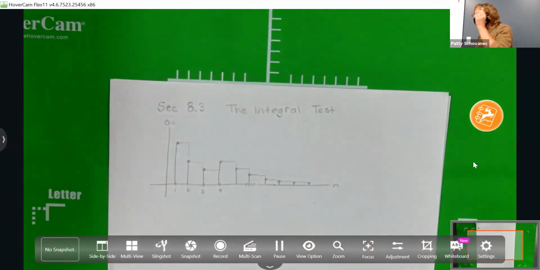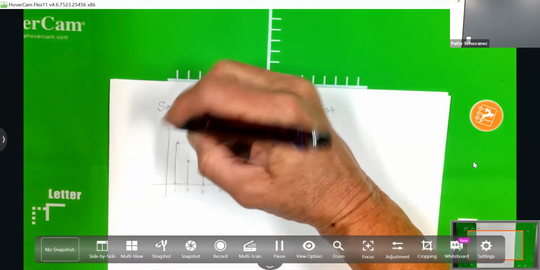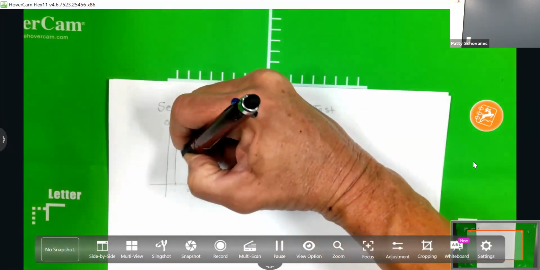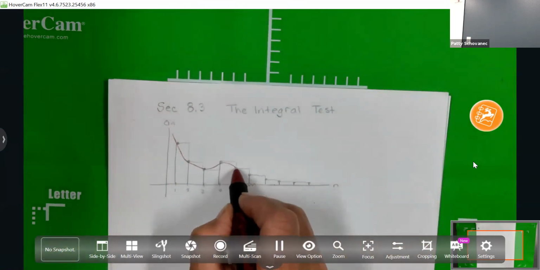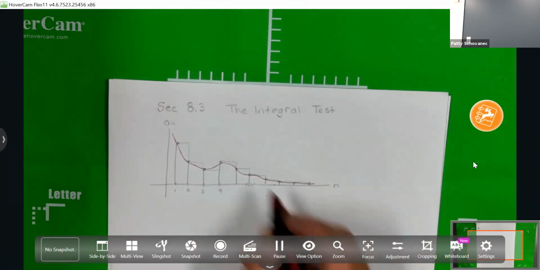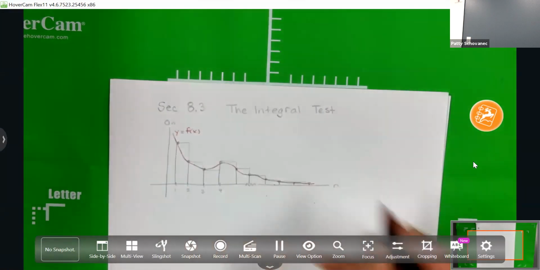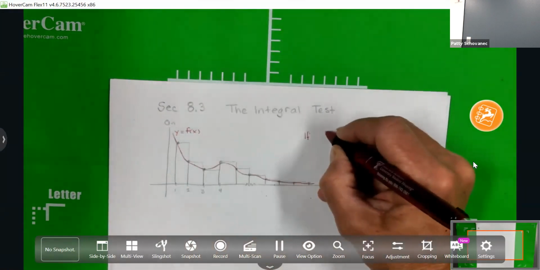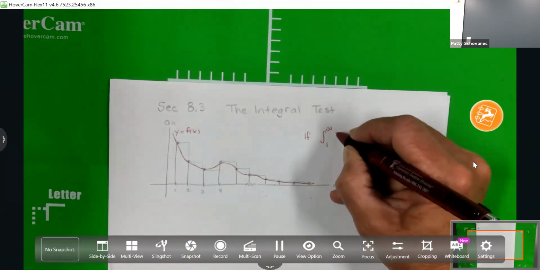And a Riemann sum generates a definite integral. If we can find a positive function that passes through these points, like that, and we integrate that function, if that particular function has a definite integral from, say, 1 to infinity.